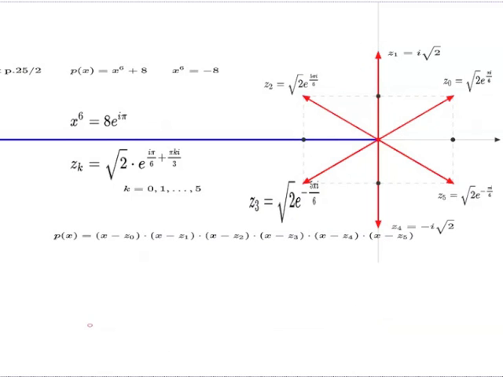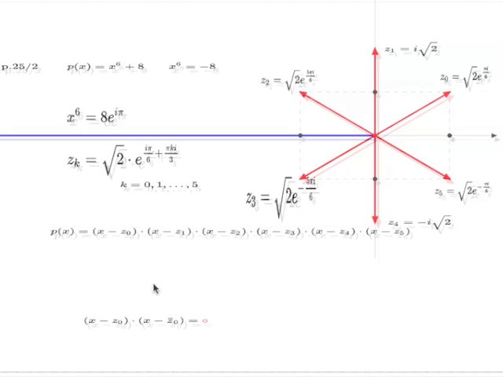Look what happens if I have two linear brackets like this, x take Z0, and I multiply this linear bracket with the bracket where we have the complex conjugate. You can do the normal expansion when you just multiply two brackets. I put the dots here. You can fill this gap without my help.